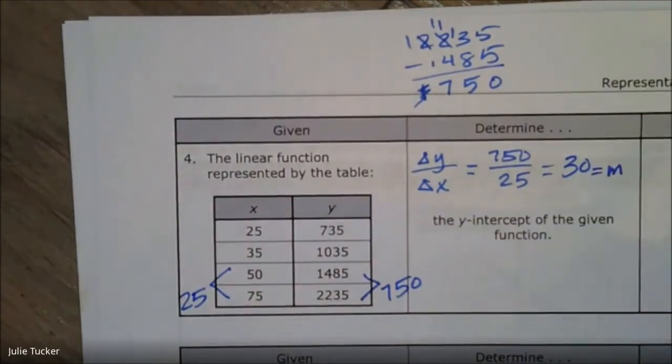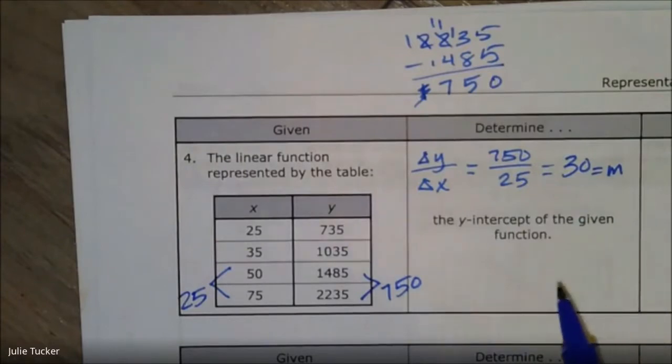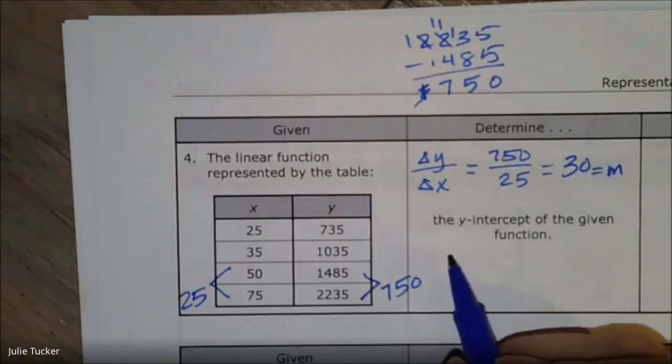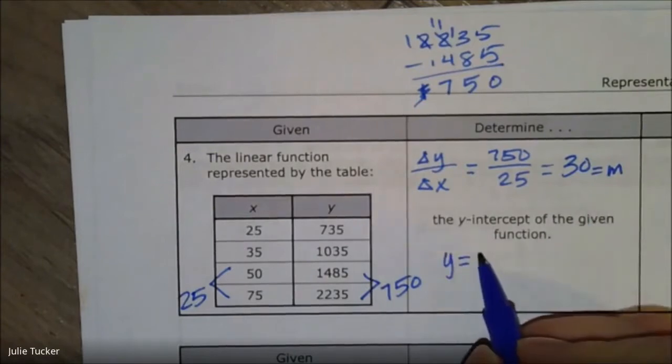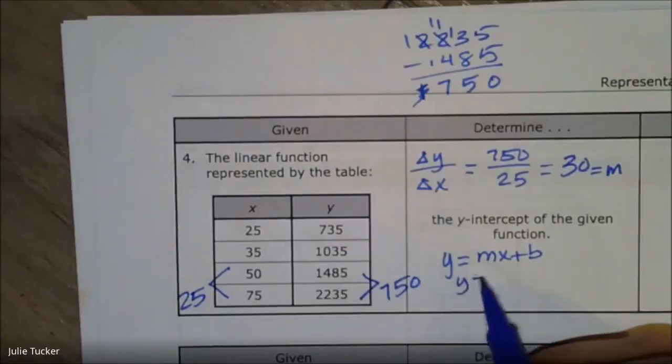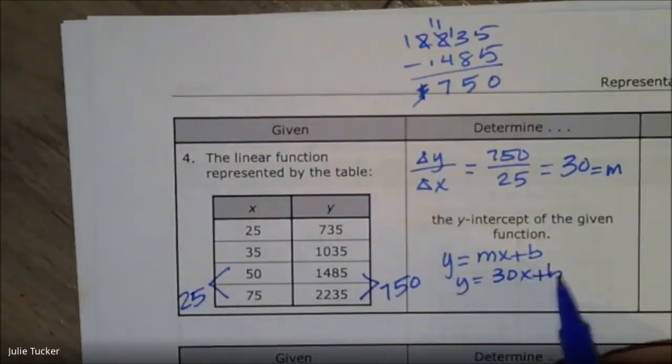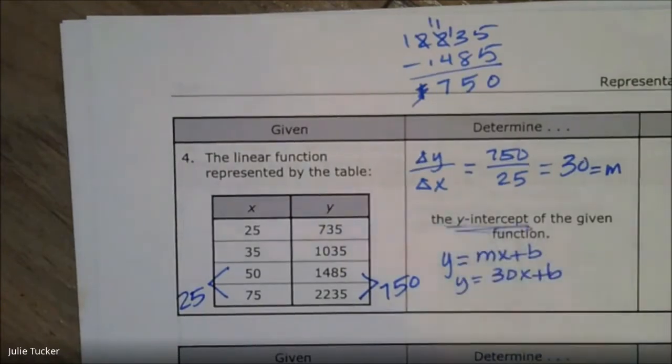So what that's going to do for us is now we can write an equation where we go y equals mx plus b. Exactly. We can write y equals 30x plus b. We still don't know what the b is because that's what we're trying to find out, the y-intercept.